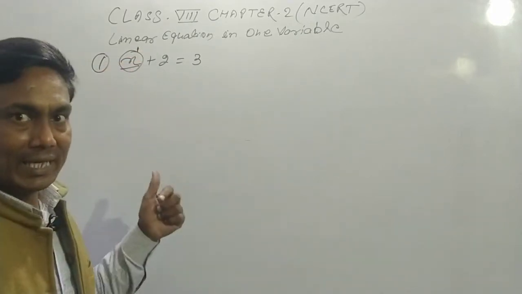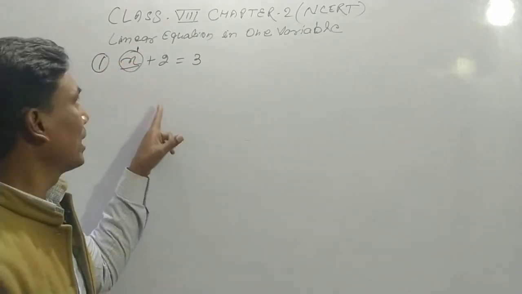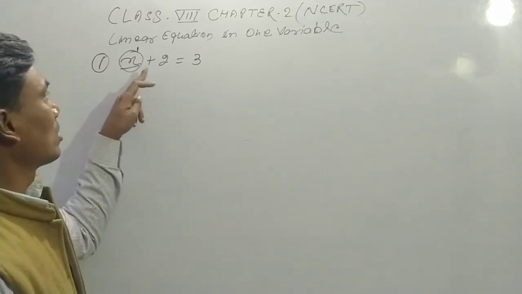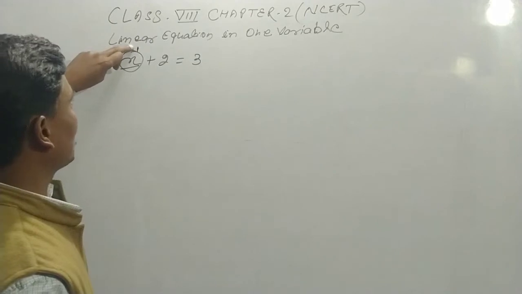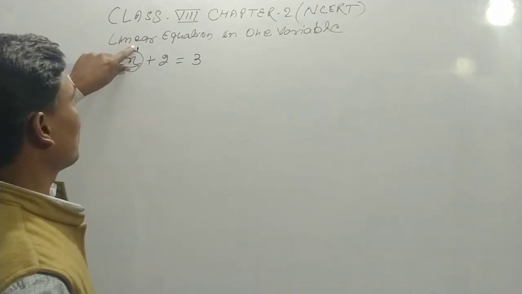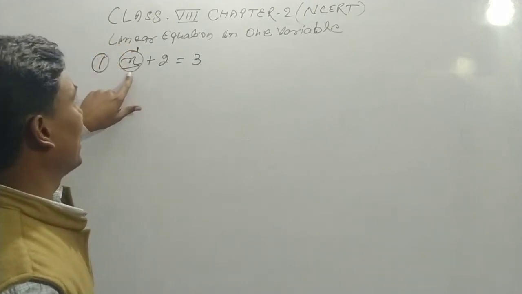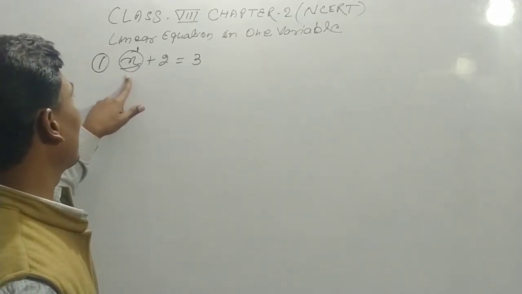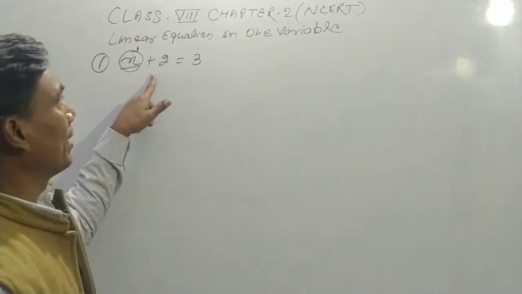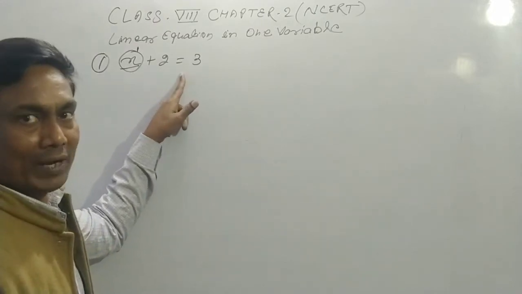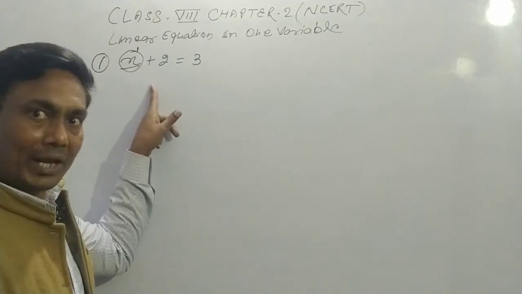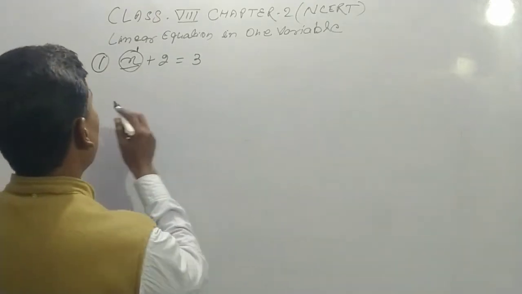So we can easily say that this given equation is a linear equation because the highest power of the exponent of the variable is 1, and there is no other variable in this equation, so it is also a one variable equation.